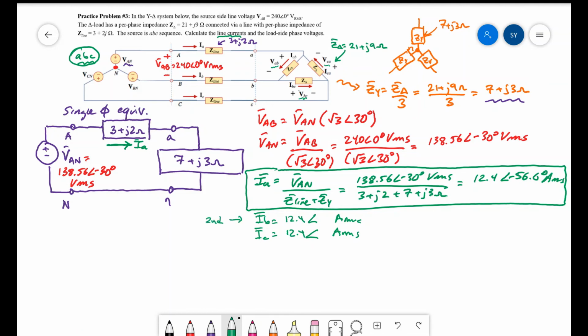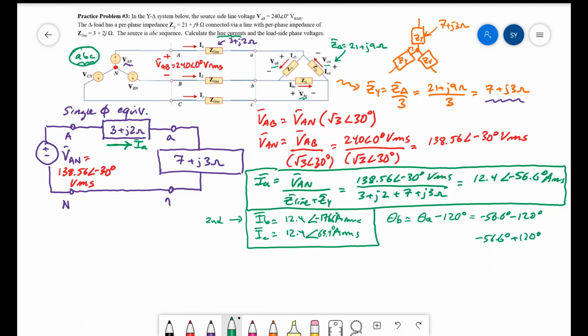We always know that the second phase is always going to have a phase that is 120 degrees after phase A. So it's going to be phase A minus 120 degrees. In this case, that's the minus 56.6 degrees minus 120 degrees. That gets me minus 176.6 degrees amps RMS. For IC, I applied the plus 120 degrees to minus 56.6 degrees, and I obtain 63.4 degrees amps RMS.